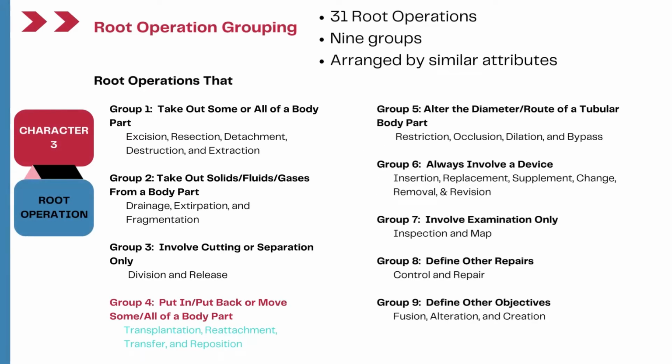There are a total of 31 root operations in the medical and surgical section, and these root operations are divided into 9 groups, placed in such a way that similar kinds of procedures are grouped together. We are looking at the fourth group today, and these root operations talk about procedures that put in or put back or move some or all of a body part.